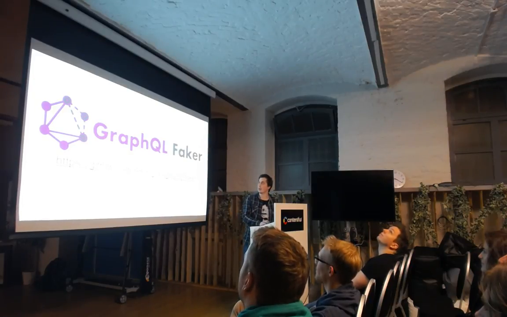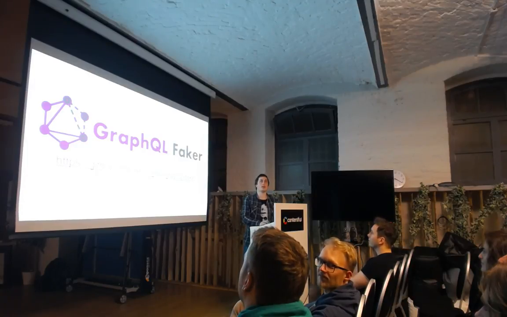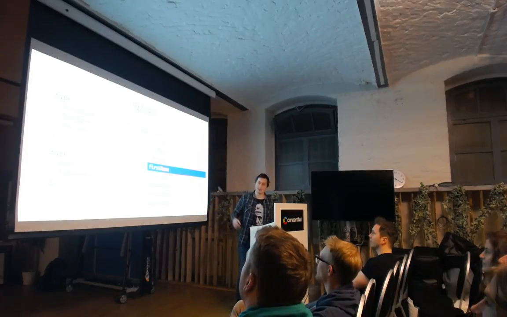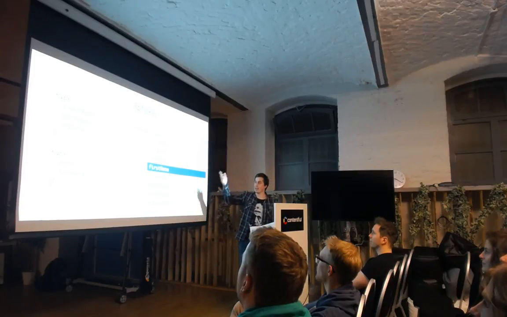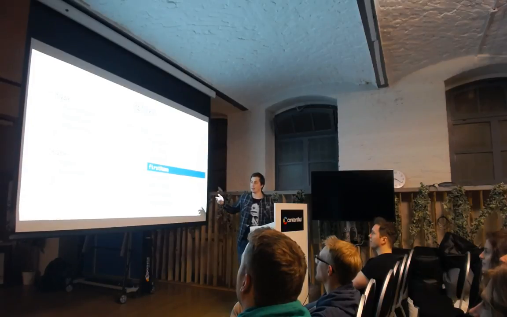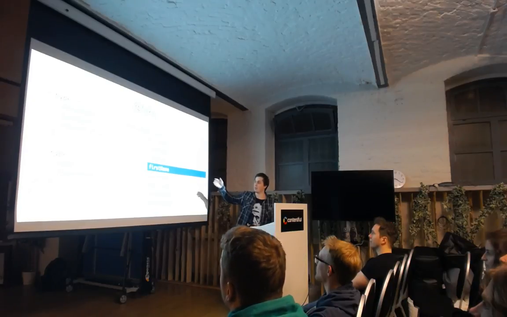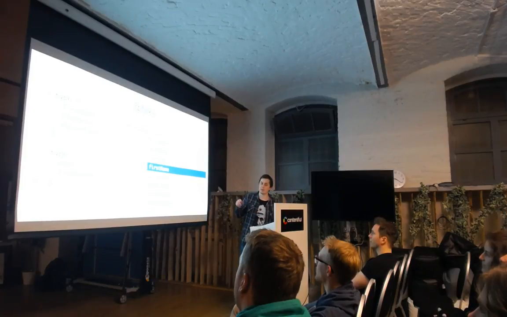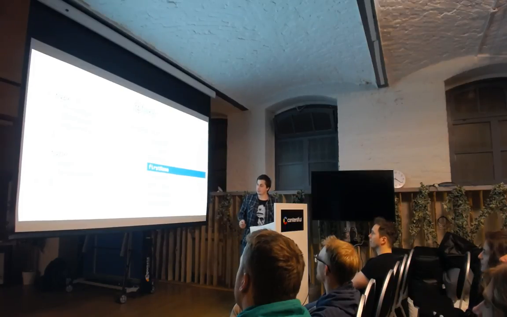So what is GraphQL Faker? Basically, it is a mocking tool for the GraphQL server. So I will show you an example. We need to define our own directive called fake, and it has a type parameter, which is the type of fake data for that field. So we can see there is a file with a bunch of these types of fake data. We actually use faker.js for this to get generated fake data.